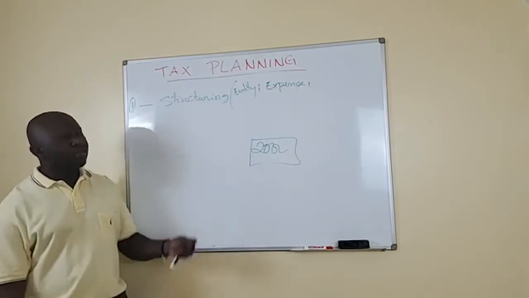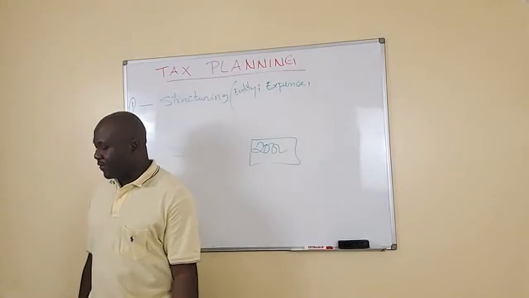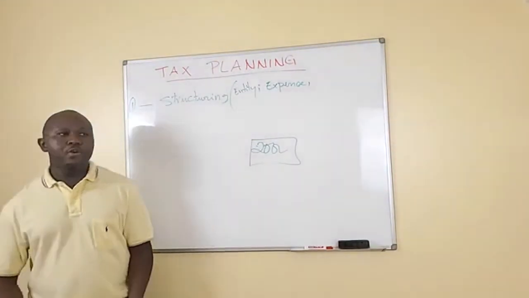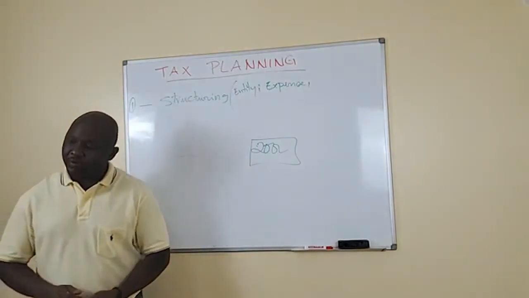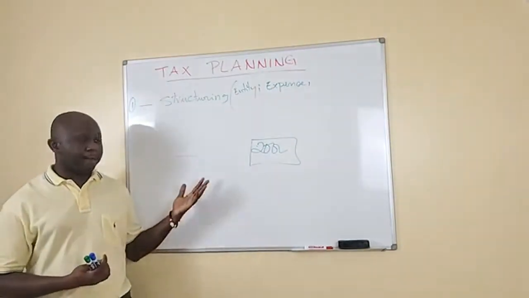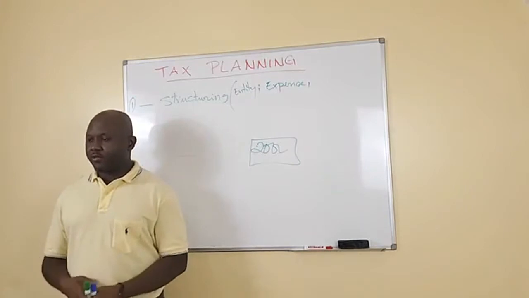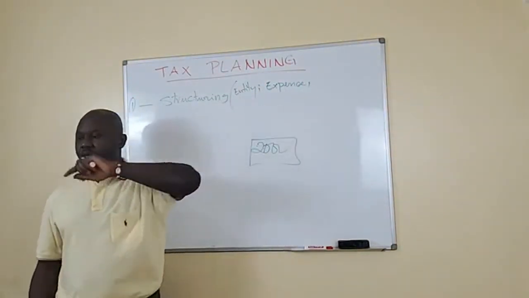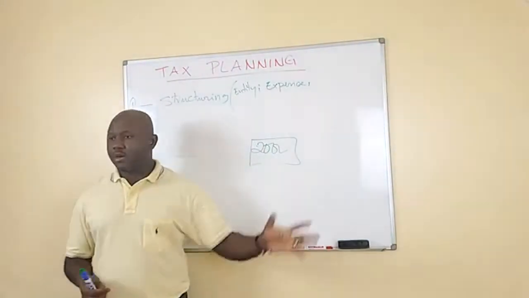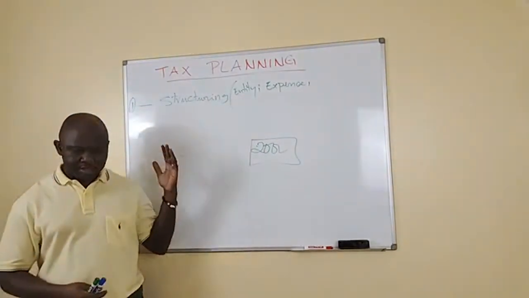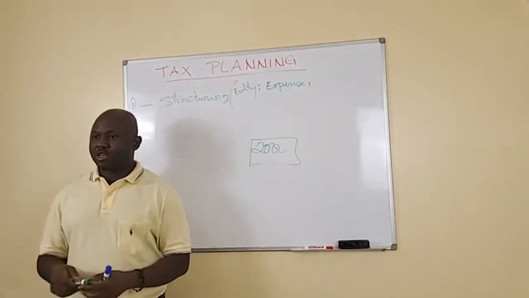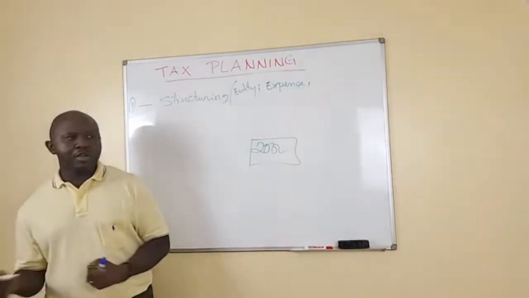So structuring is the first thing that people will do to save in taxes. I'm just sharing this with everybody, right? I saw a video where someone was charged by the IRS $1 million.